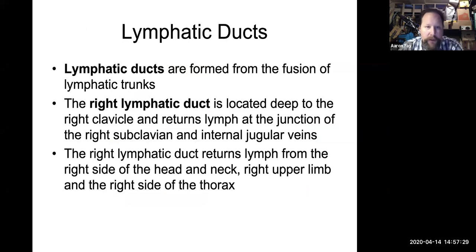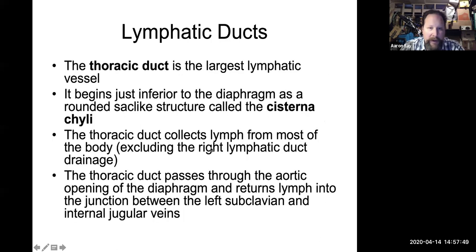Okay, so lymphatic ducts, I've already explained this. They're formed by the fusion of trunks. I just went over this picture, but the right lymphatic duct is located underneath the right clavicle and returns lymph at the junction of the right subclavian and the right internal jugular vein. Right.